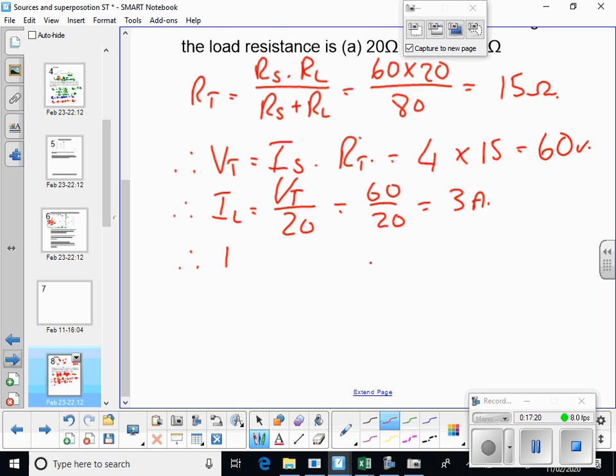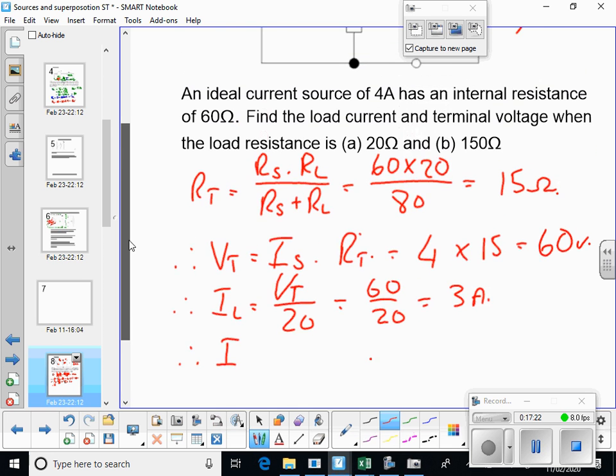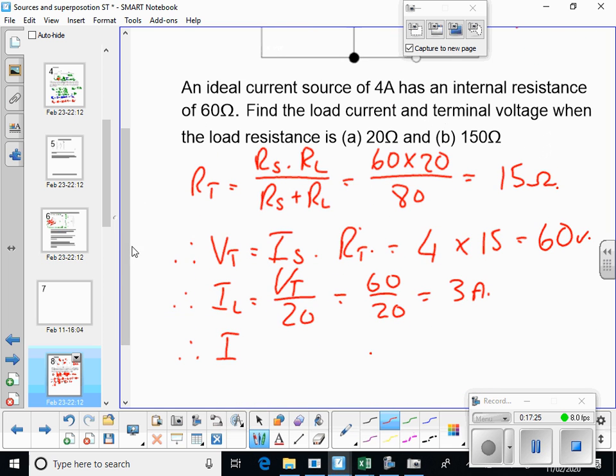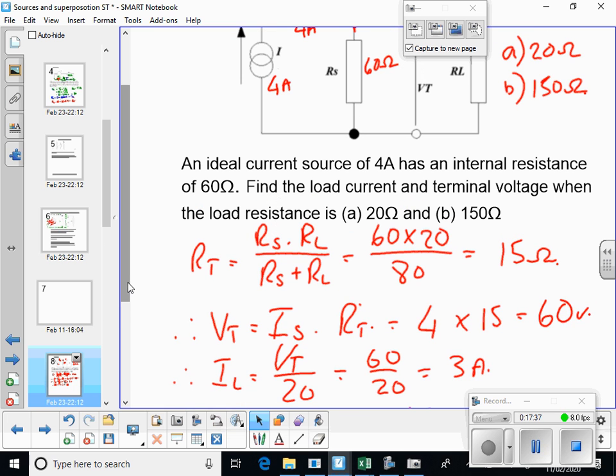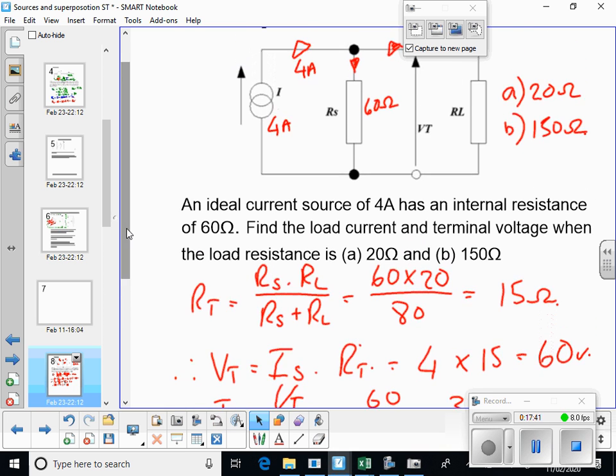Therefore, IRS is 4 amps minus 3 amps, equals 1 amp. So with 20 ohms, we're losing 1 amp through the internal 60 ohm and 3 through the load. Now do the same calculation for a load of 150 ohms and see what happens.